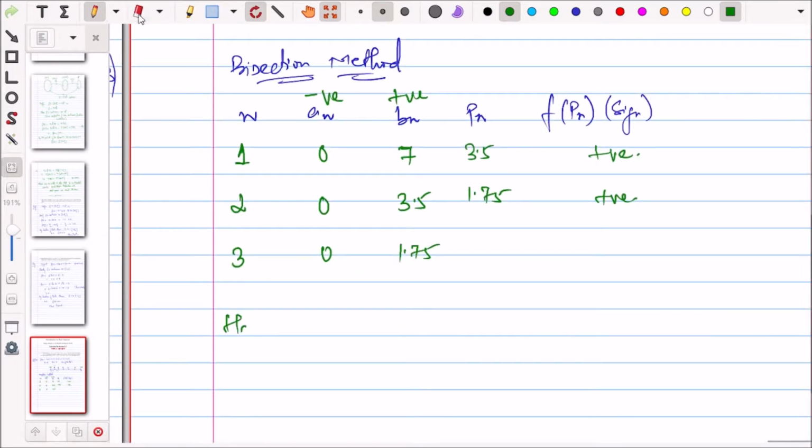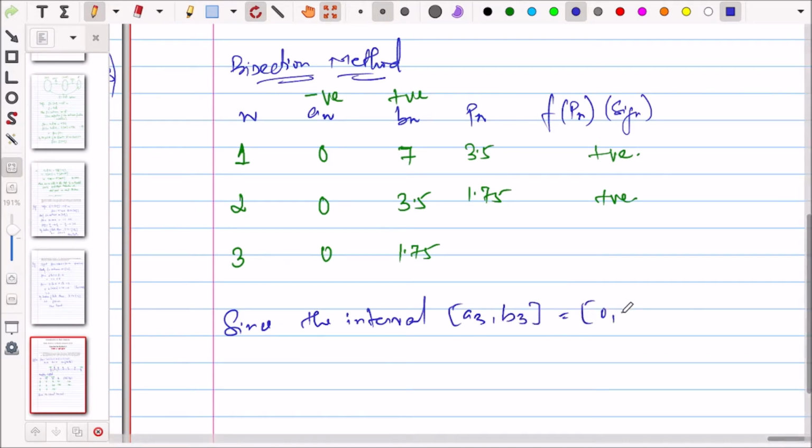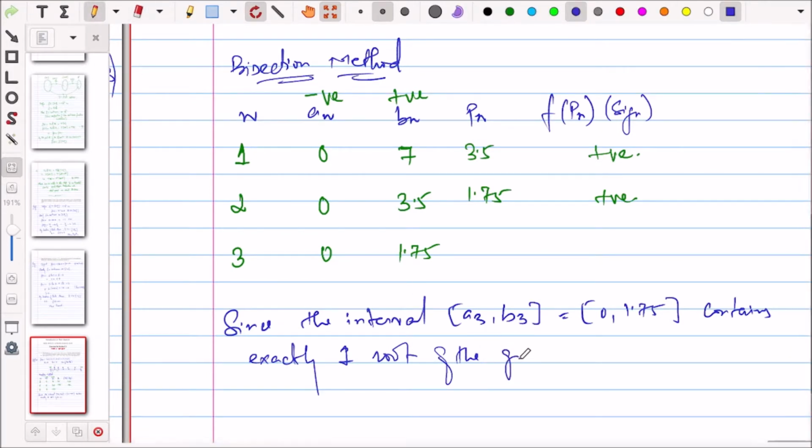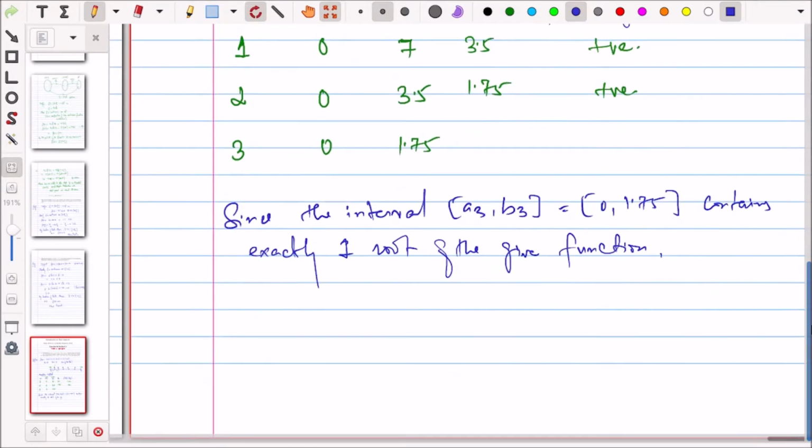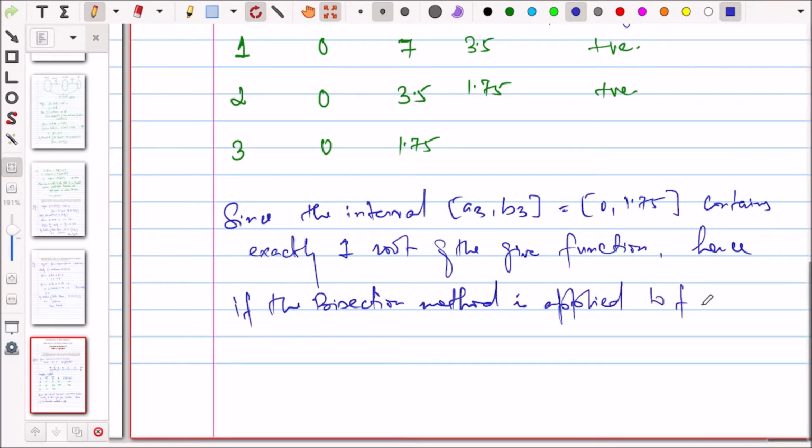So here, if the bisection method is applied, since the interval a3, b3, which is equal to 0, 1.75, contains exactly one root of the given function f, hence if the bisection method is applied to f on 0, 7, the interval is also important, on 0, 7, then the root x equal to 1 is located.